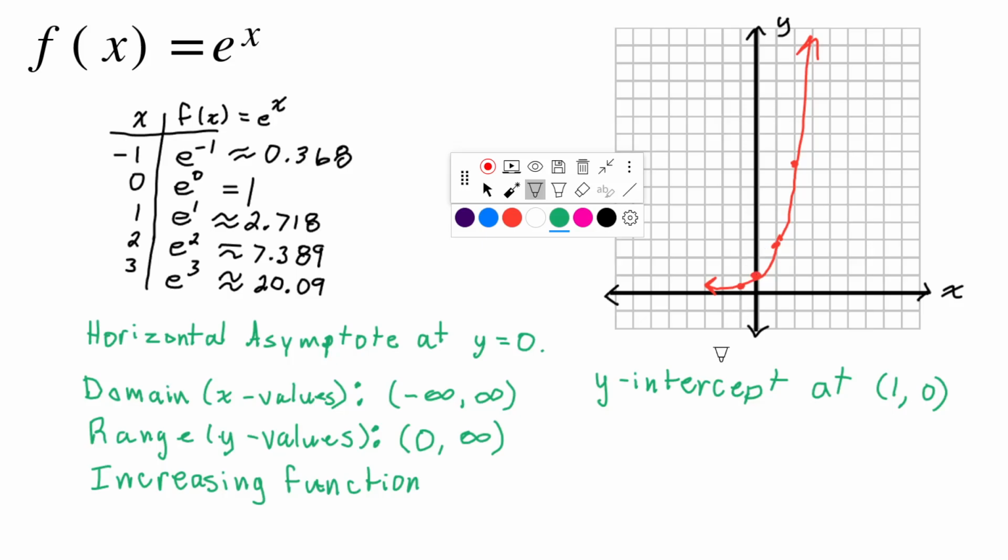These features actually work for any exponential function that has not been translated vertically. This one has not been translated. If we were to add something to the end of e to the power of x, that would be a vertical translation. So our asymptote would no longer be at y equals 0, but at y equals some other number, and our range would begin with that number.